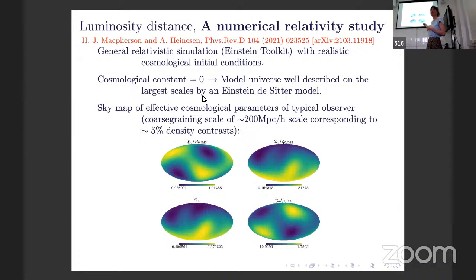This is a very conservative simulation, because we've coarse-grained out basically. We are not considering any effects from structure below 200 megaparsec. So when you indeed do this, we see that we get bigger anisotropies.